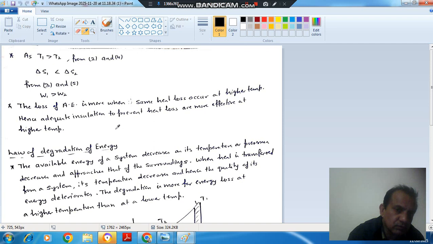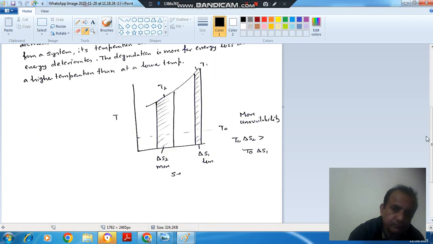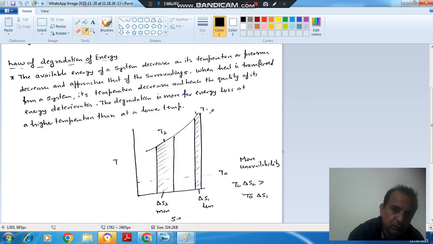So this is the quality of energy, and from this we can derive the law of degradation of energy, as the temperature drops. This is the higher temperature and this is the lower temperature. Here this is the entropy change for the same heat loss, and here this is the entropy change for the same heat loss. Here the temperature is lower, so T2 delta S2 will be equal to T1 delta S1.